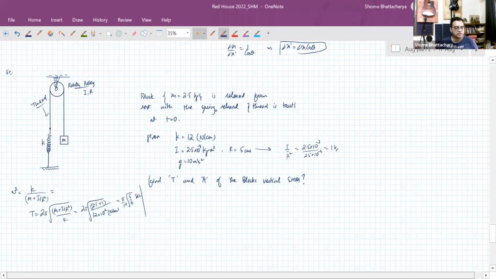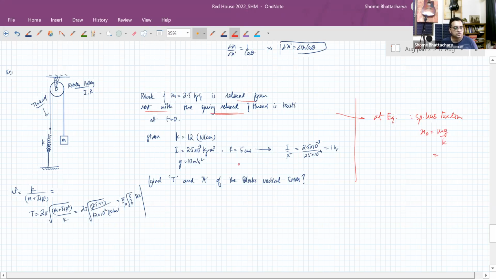So we can see that it is released from rest, okay, with the spring relaxed. So at equilibrium, what is happening? At equilibrium, the spring has extension, we've seen, of x naught equal to mg by k. So that extension was how much?